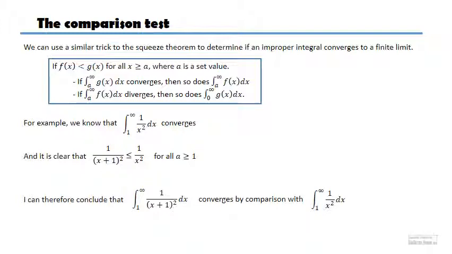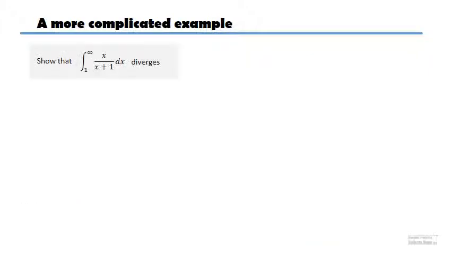Let's look at a slightly more complicated example. Prove that this thing diverges. Well, we have to find something that's smaller than this that diverges. And here's something that's smaller than this. Rather than having a 1, let's put an x, because I know that x is bigger than 1. So if I put an x here, I know that this thing is always smaller or equal than this thing.